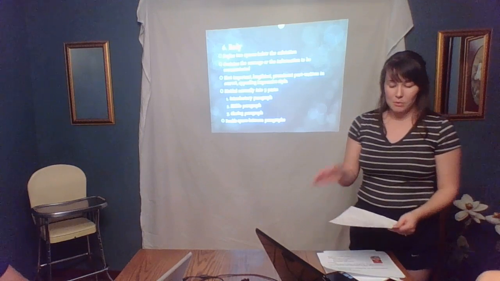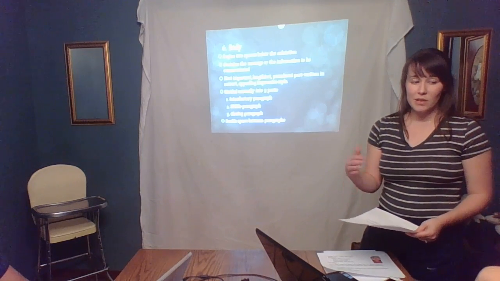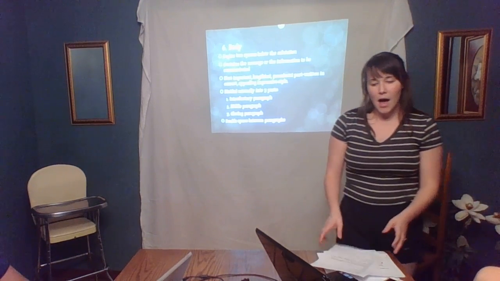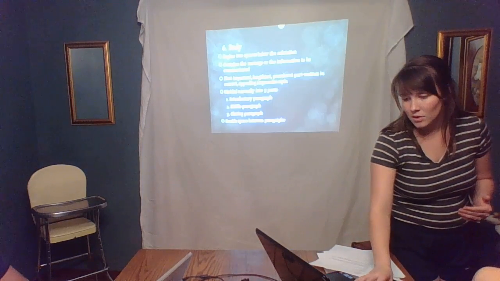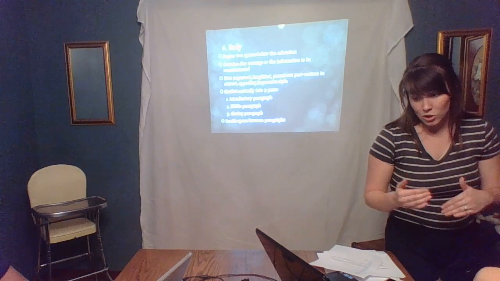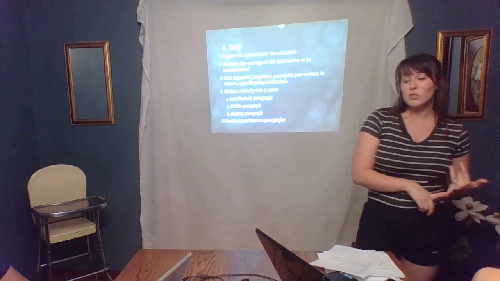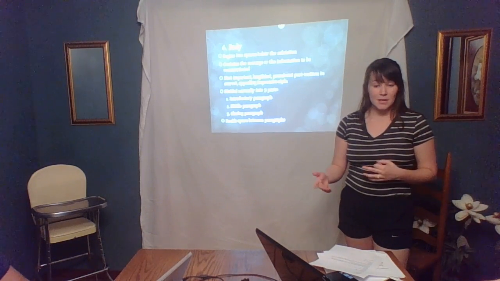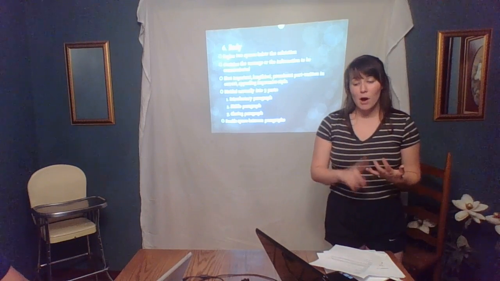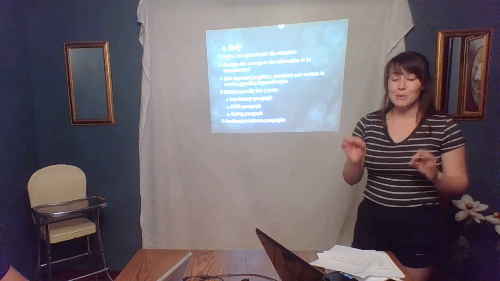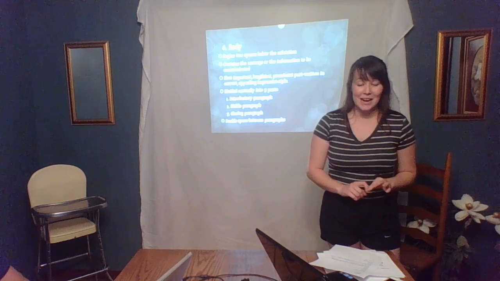We'll discuss that later when we look at the different types of letter formatting. It begins 2 spaces below the salutation or the subject, whichever one you use, and contains the message or the information to be communicated. So you want to put the most important, lengthiest, prominent part, written in correct, appealing, and impressive style.